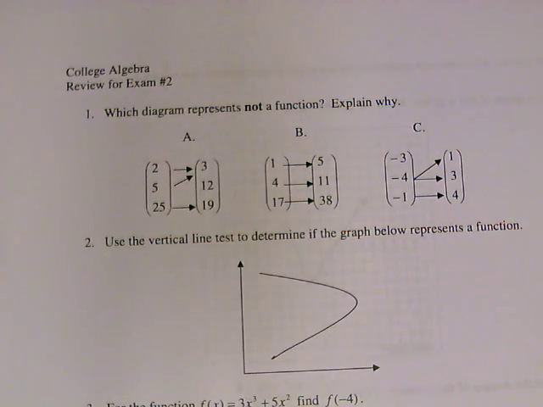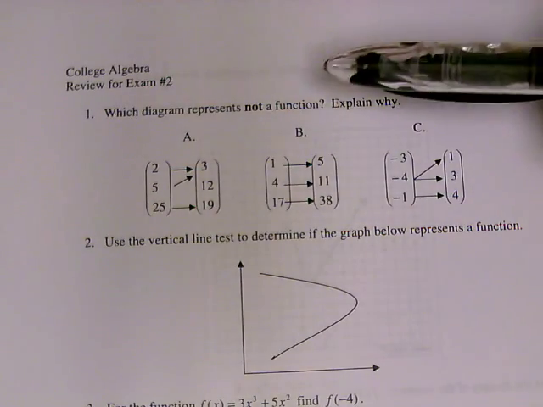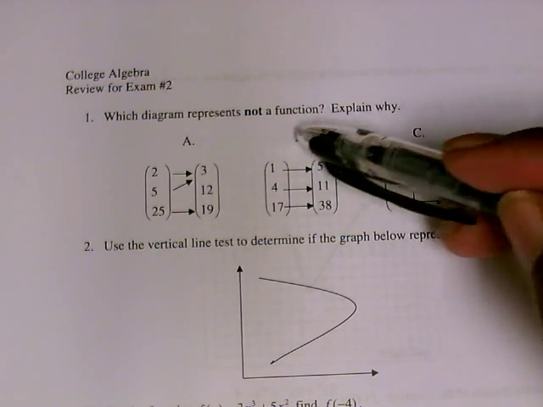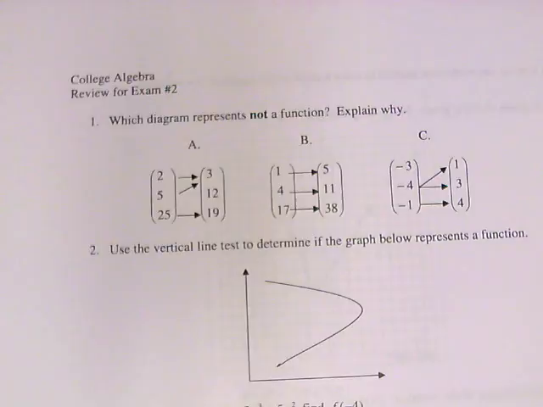Alright, so here we'll start off with problem number 1. Here you're given 3 different mappings, and you want to find out which one of those diagrams represents not a function and explain why.